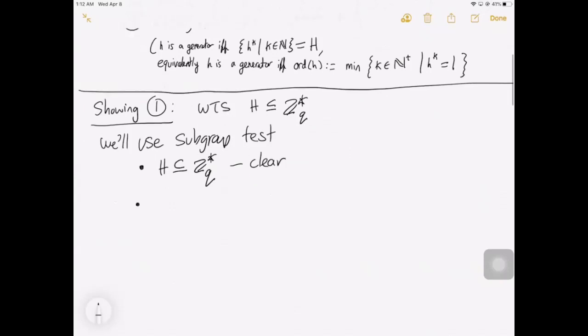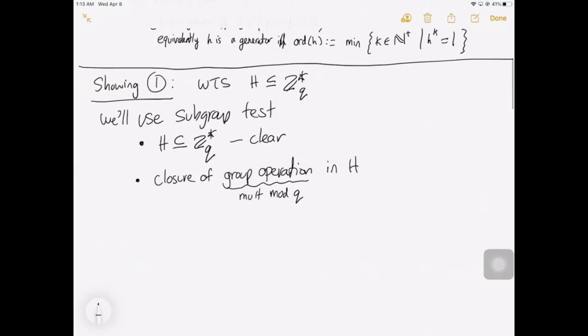The second thing we need to show is closure of the group operation in H. Now recall that the group operation here is multiplication mod q. So let a squared and b squared be arbitrary elements of H, where a and b are elements of Z star q.